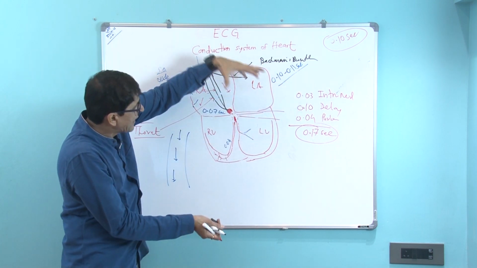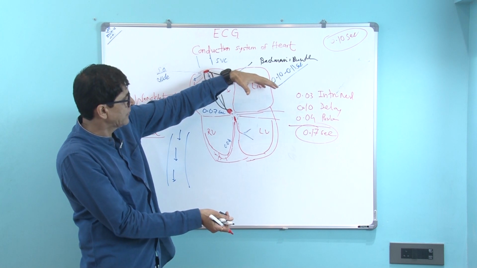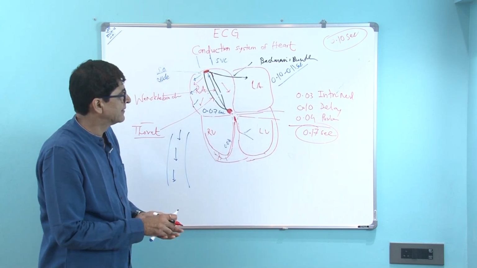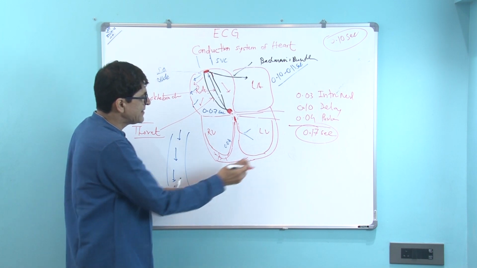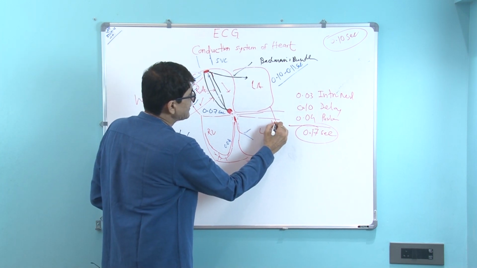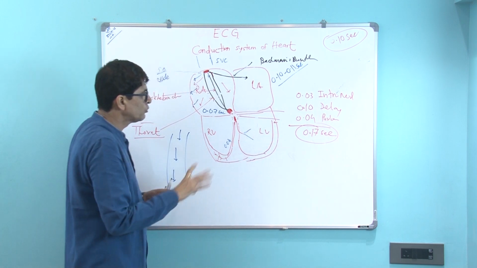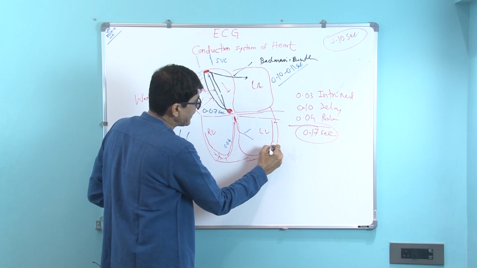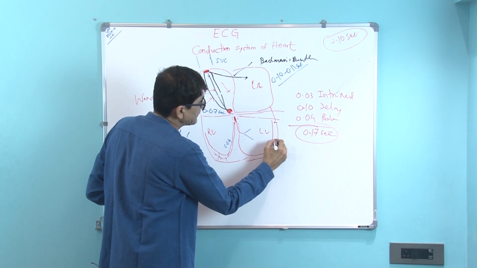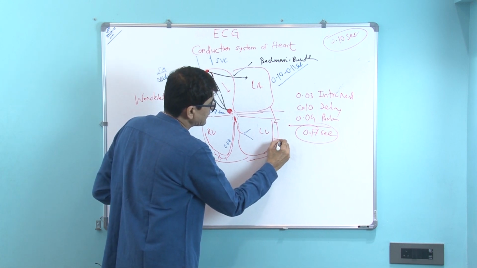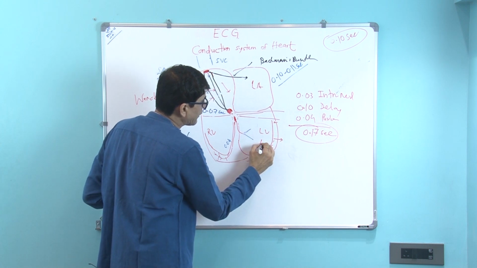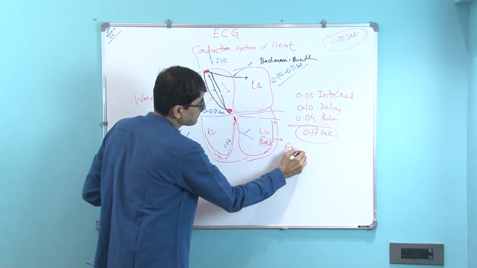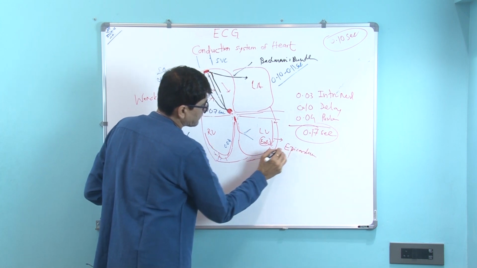On the contrary, atrial systole, atrial contraction will take place first, followed by left ventricle contraction, because it has to get filled. Two things I will repeat again: at the end of the Purkinje fiber, the depolarization starts from the endocardium, endo means inside, and this is the epicardium.